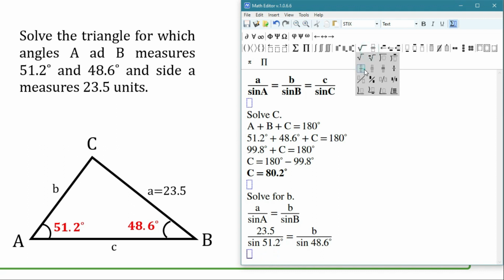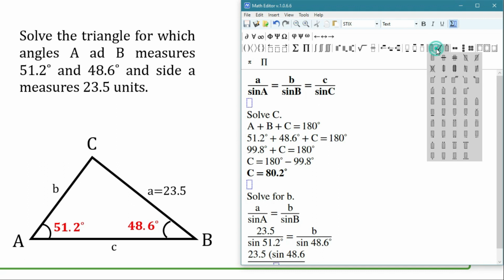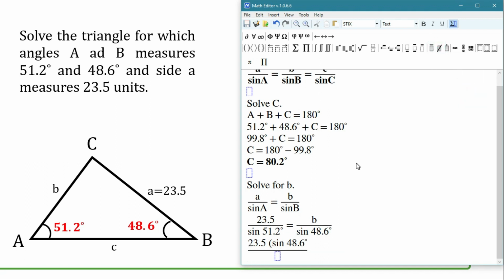Okay. Again, we have 23.5 multiplied by the sine of 48.6 degrees over the sine of 51.2 degrees equals B. Alright? So pwede naman, dito pa lang, i-manipulate na natin siya for us to get the value of B. Pwede siya maging B equals A times the sine of B over the sine of A. Pwede naman yan. Alright?